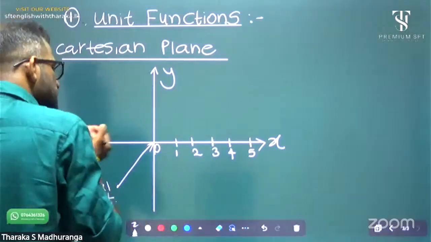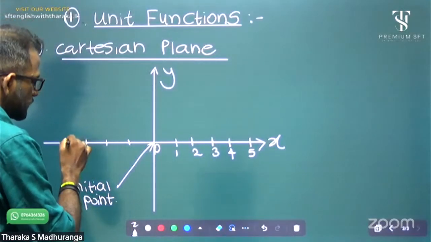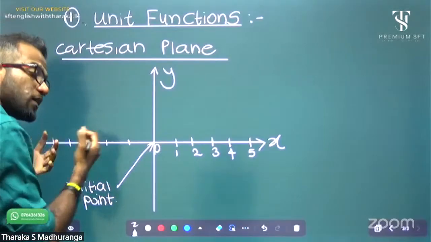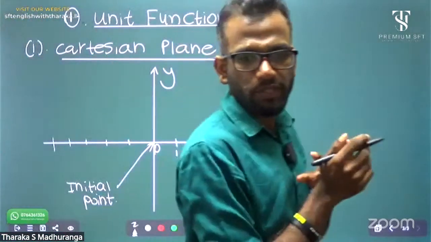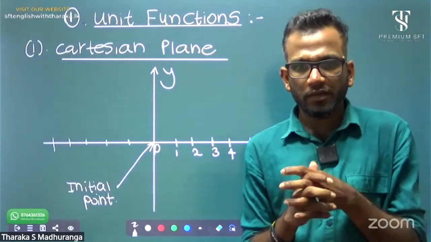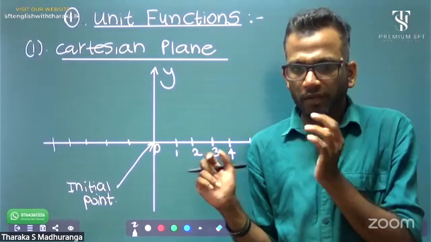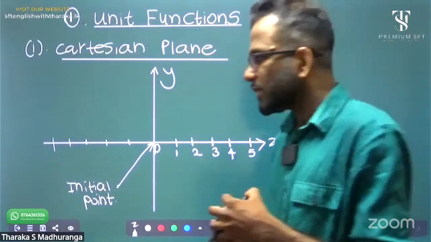What happens in the left side direction? Increasing or decreasing? It's negative numbers. Are they increasing or decreasing? What do you think? Binu? Negative numbers in the left side, it's correct.